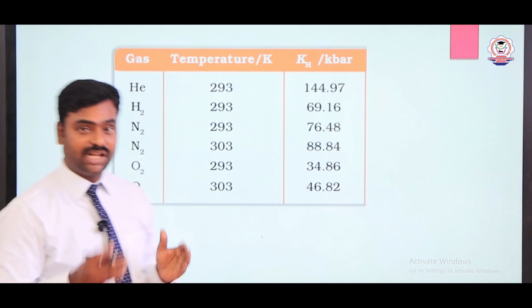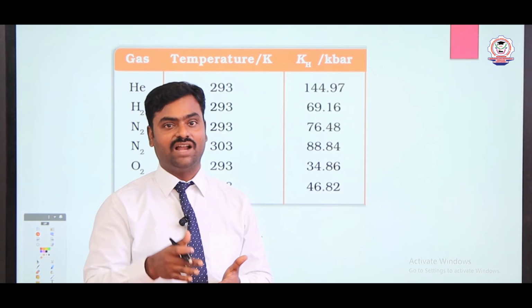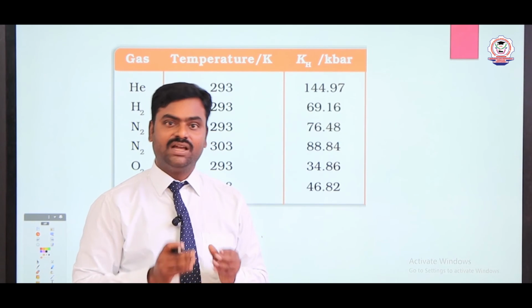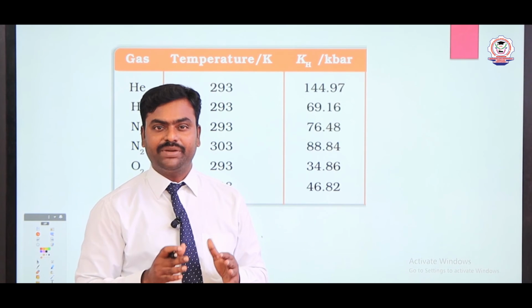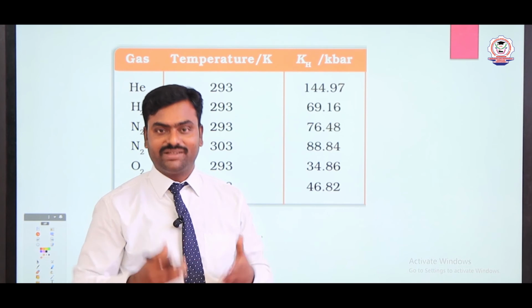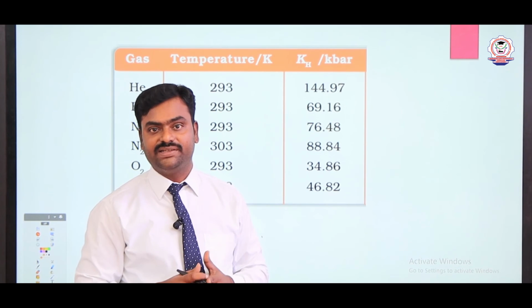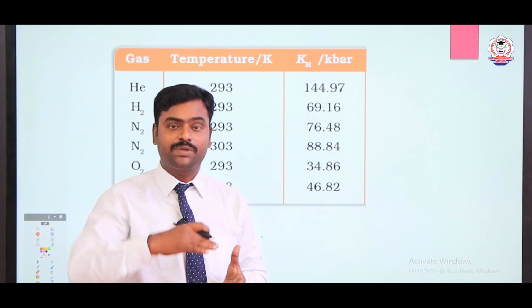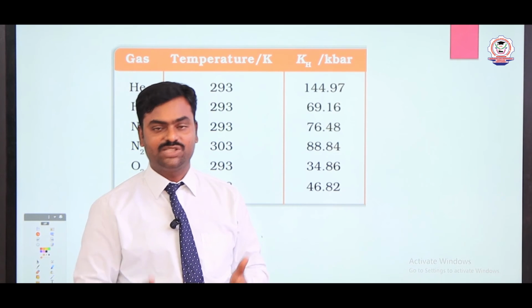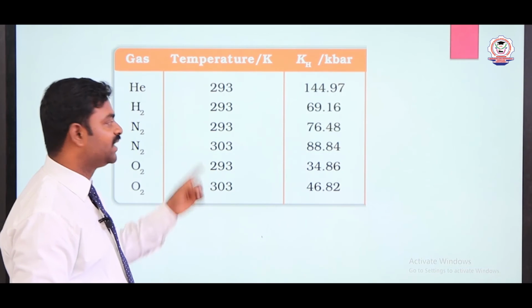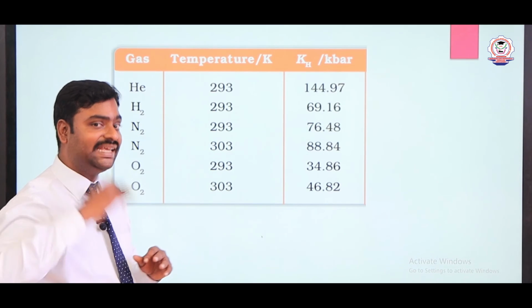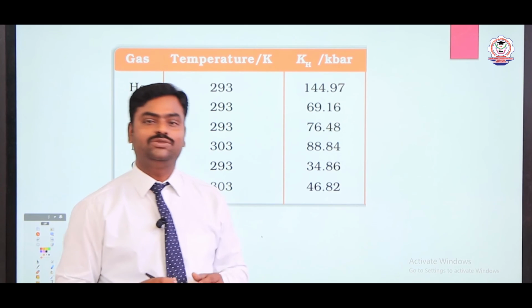That means it requires more pressure to dissolve at higher temperature, because for a gaseous solution, temperature affects the solubility. If you increase the temperature, the solubility decreases, so we have to give more pressure to increase the solubility. That is what is happening here. So at higher temperature, the KH value increases.